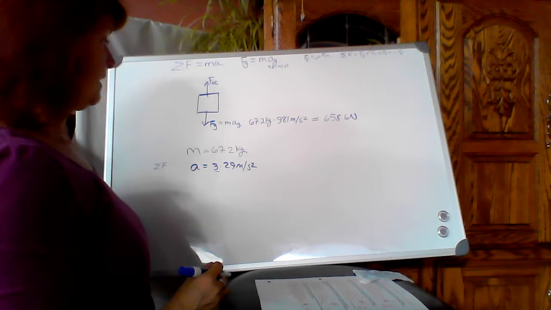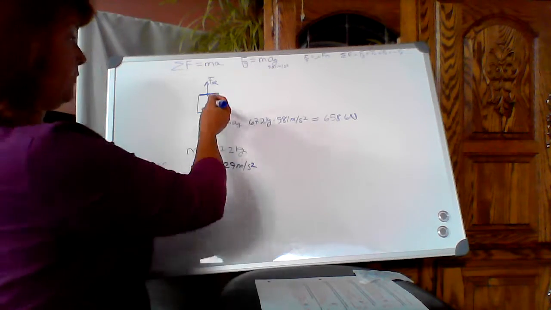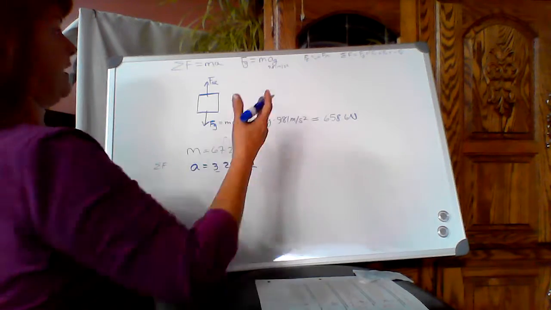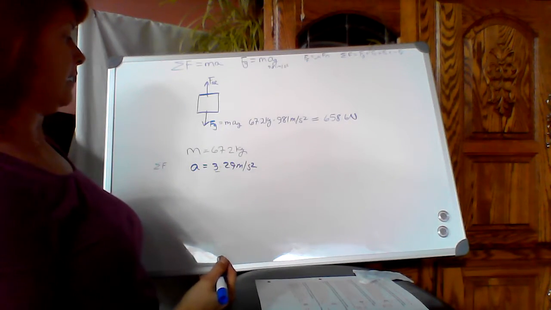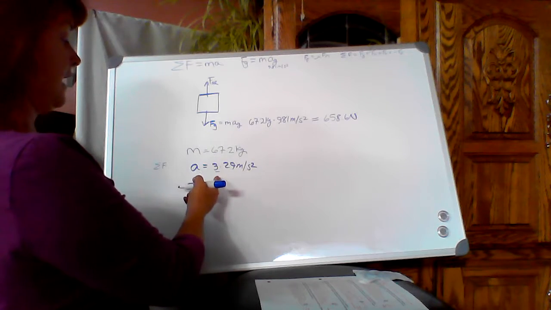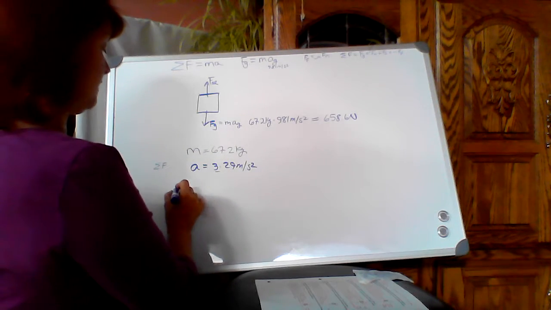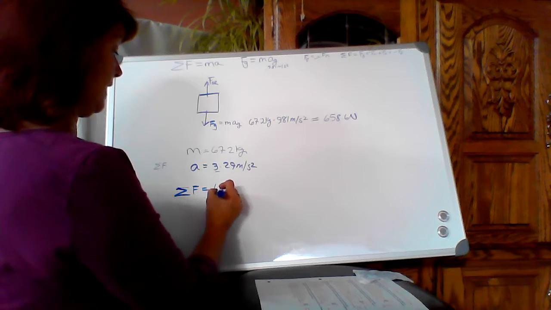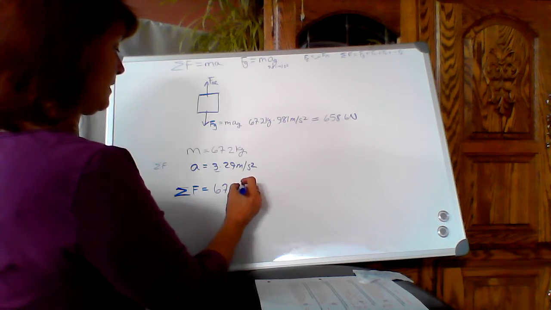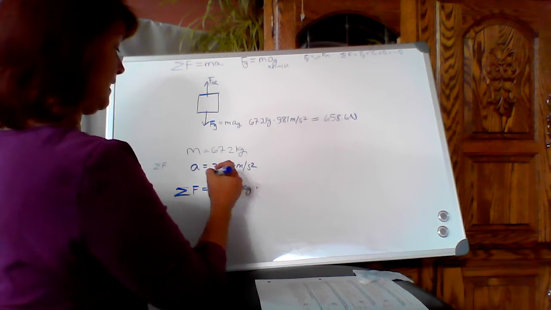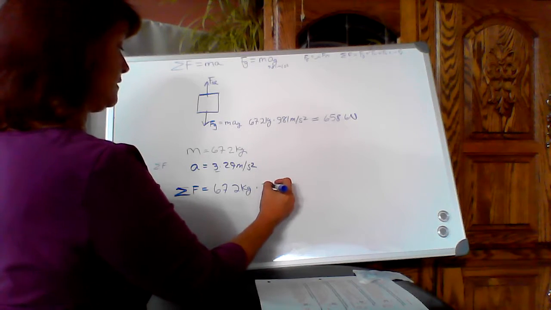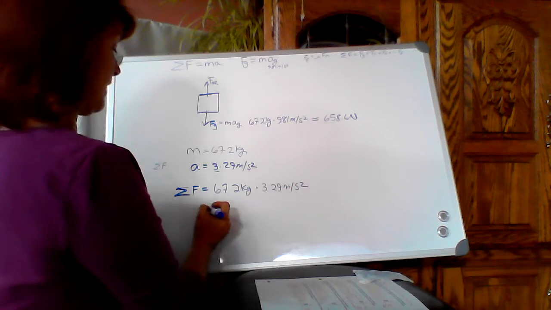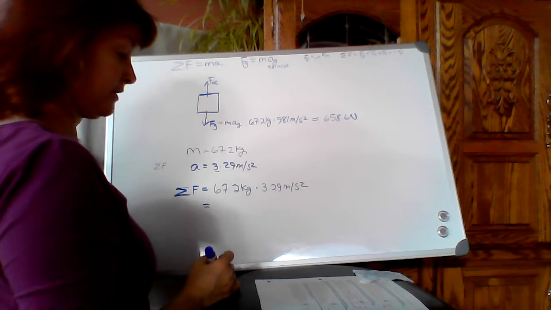But we need to figure out the force of the air resistance, and we don't have a formula for that. We don't know how else to calculate that, but we do have a mass and an acceleration, and we can figure out the sum of all the forces acting on him by using that. So his mass times the acceleration that deals with all the forces acting on him is going to give us the sum of the forces.